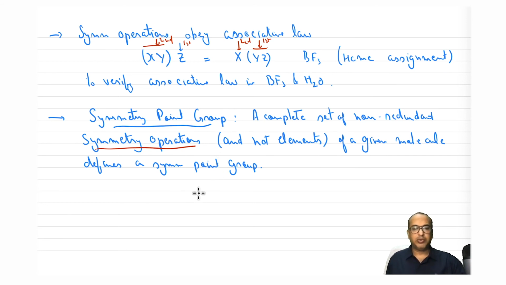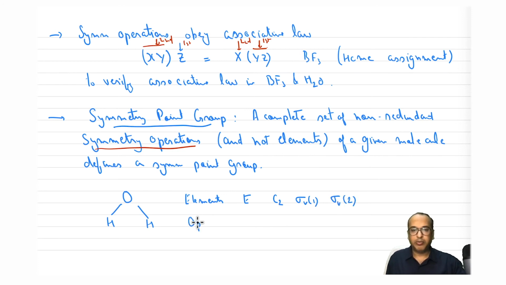Okay, so for example, if we take the example of the water molecule, we'll list out both the symmetry elements and the operations. We have seen this earlier. So elements are E, C2, sigma V1 and sigma V2, right?